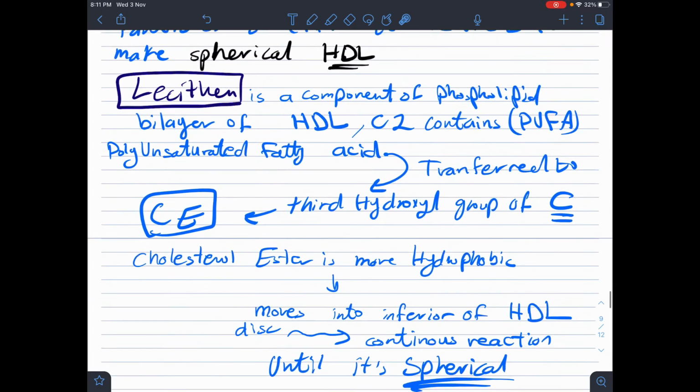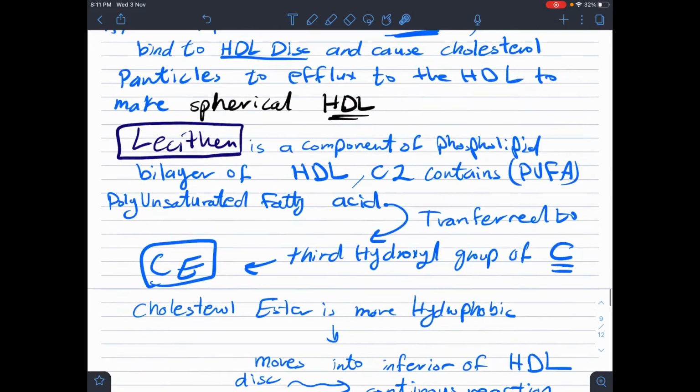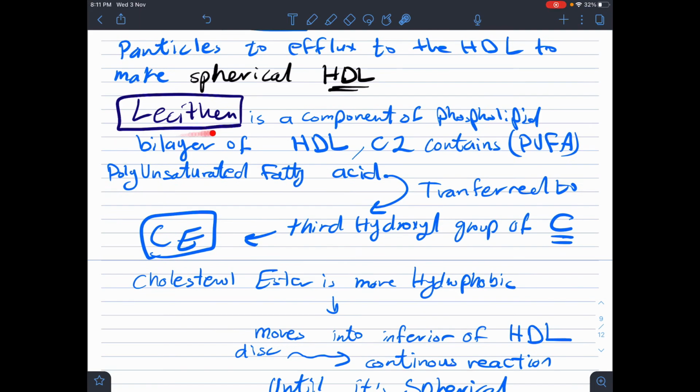Now the LCAT is actually a lecithin cholesterol acyltransferase enzyme. Where is it present? The LCAT is in the plasma, but the lecithin itself is a component of the phospholipid bilayer of the HDL. This is important: on its second carbon it contains a polyunsaturated fatty acid that's going to be transferred.